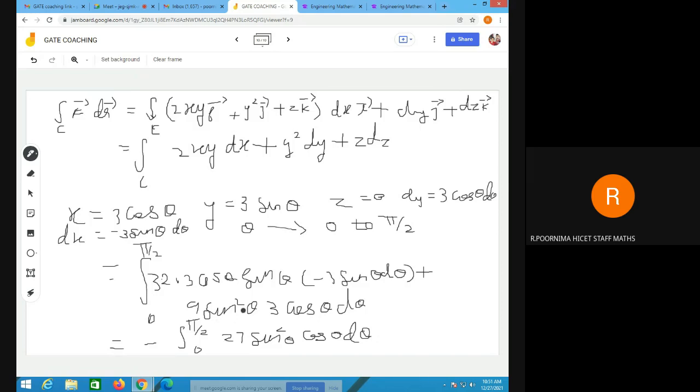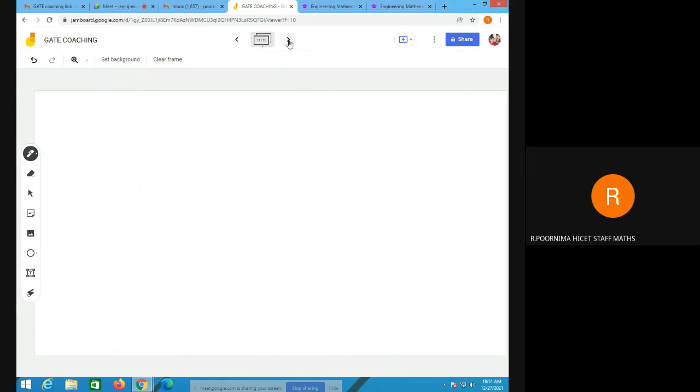So it is equal to minus 27 sin square theta divided by 3 with limit 0 to pi by 2.